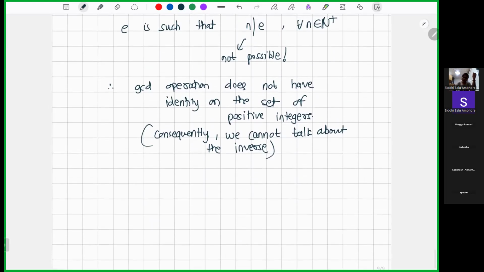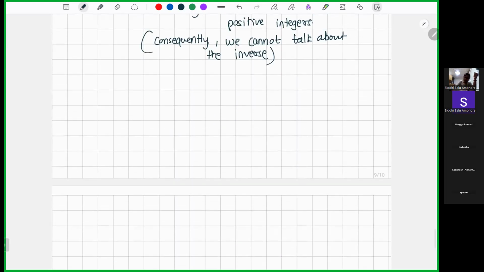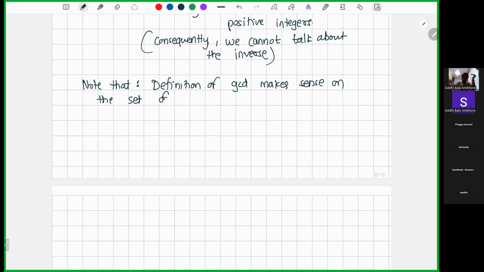But note that the definition of GCD makes sense on the set of integers, that is Z, the whole set of integers, positive and negative included.